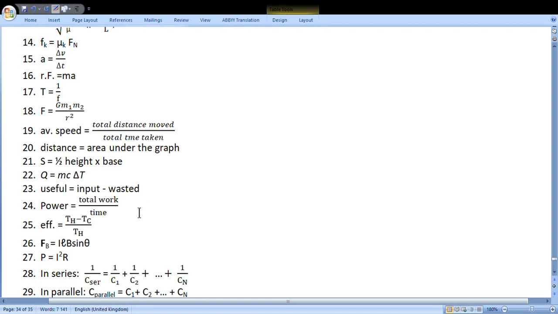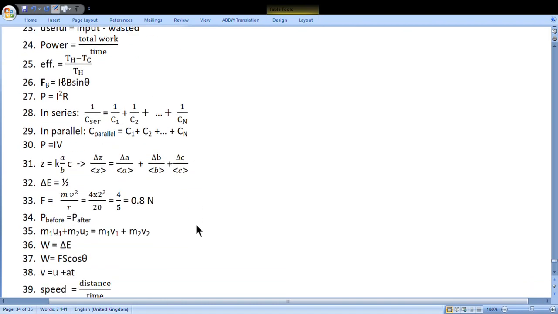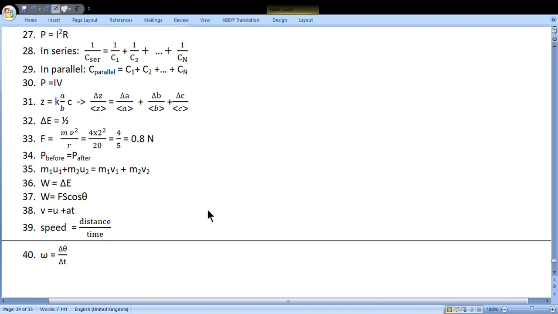Power is work divided by time, efficiency using temperatures, force, magnetic force on a wire with current, heat losses in the wire with current. Then we have total capacitance for capacitors connected in series, total capacitance for capacitors connected in parallel.